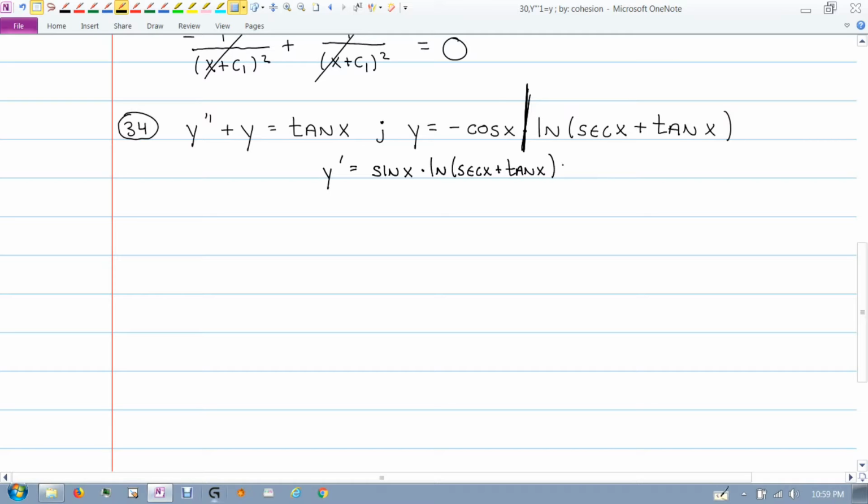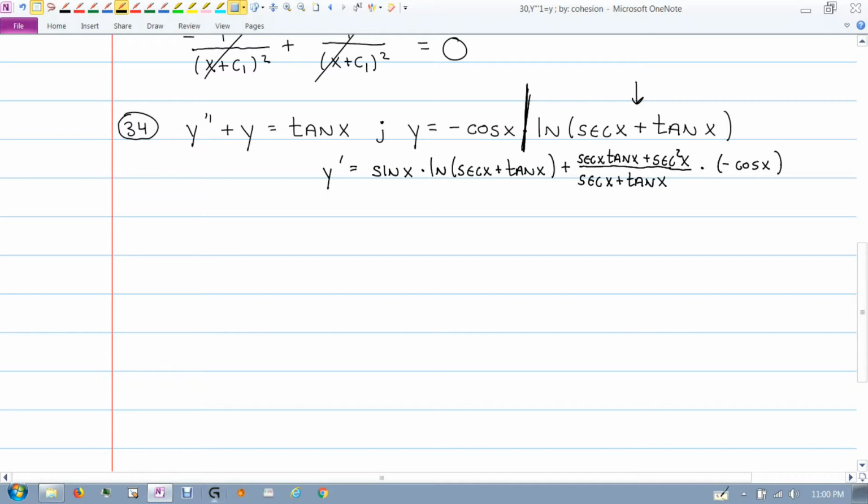Alright, and then product rule plus the derivative of natural log of secant x plus tangent x is 1 over secant x plus tangent x, so that's the derivative of natural log of this stuff. Now the derivative of what's inside, derivative of secant x is secant x tangent x plus the derivative of tangent x, which is secant squared x. But then I still need to multiply times the first function, which was negative cosine x.